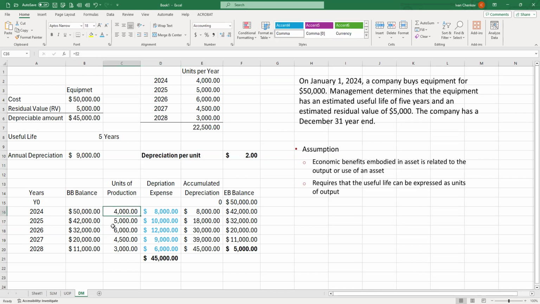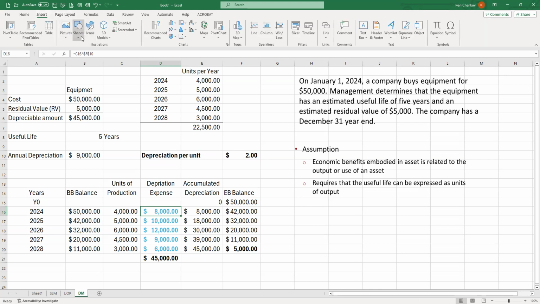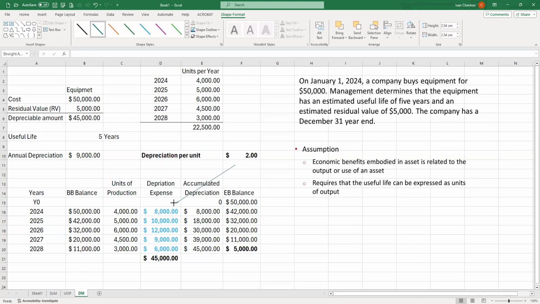Units of production times the depreciation per unit is going to give us the depreciation expense. So I can put some shapes here to help you. This one times that one is going to give you that.